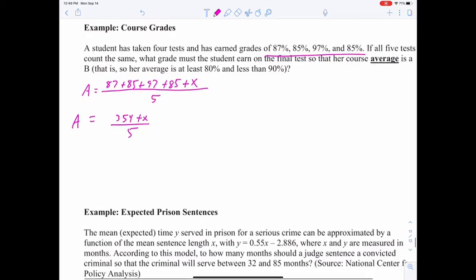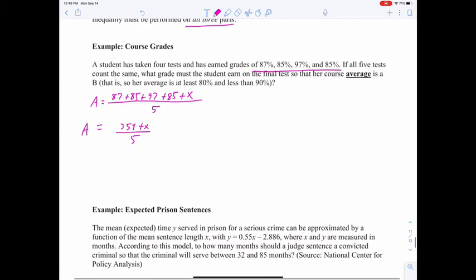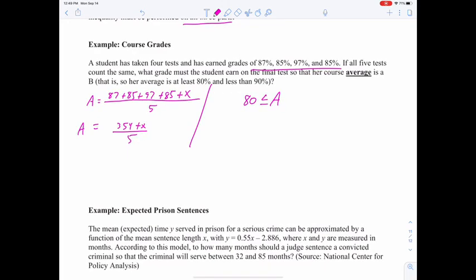So what grade on that 5th test will get her a B? In other words, we want the average to be greater than or equal to 80, right? Bigger than 80, you get a B. Now, it's weird how I'm saying that, right?